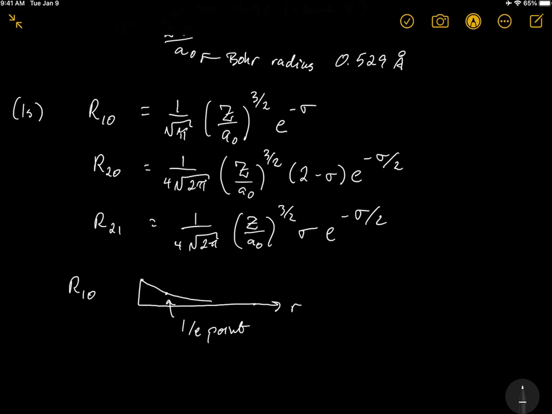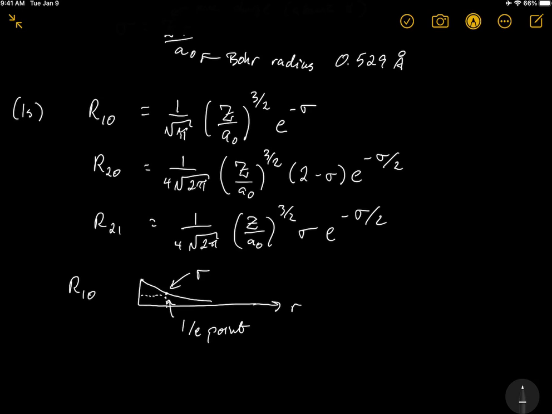So that 1 over e point is where the argument inside the exponent is equal to minus 1. If we drop a vertical line from that point, 1 over e would be 1 over e of the initial value, and e is about 2.7, so this is roughly a 60% drop from the peak.